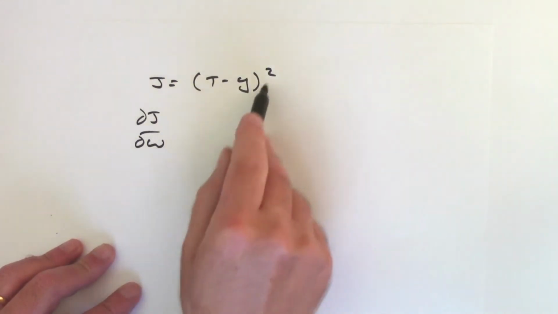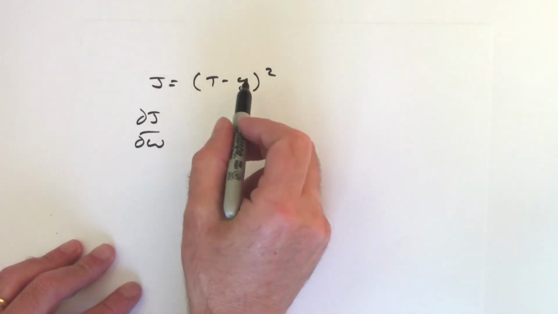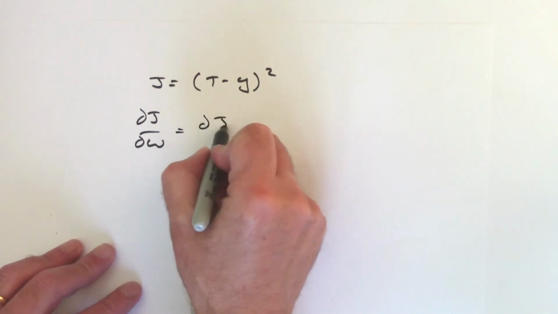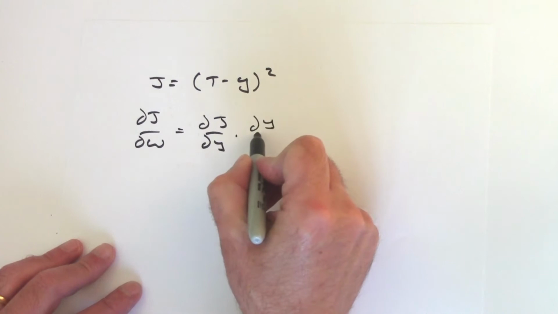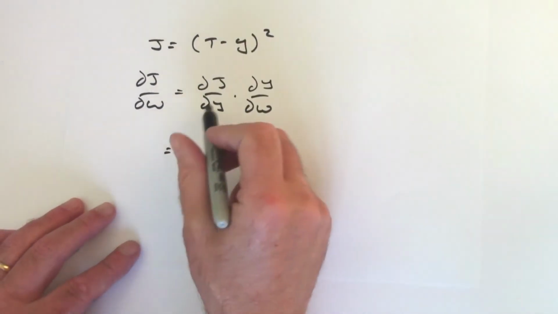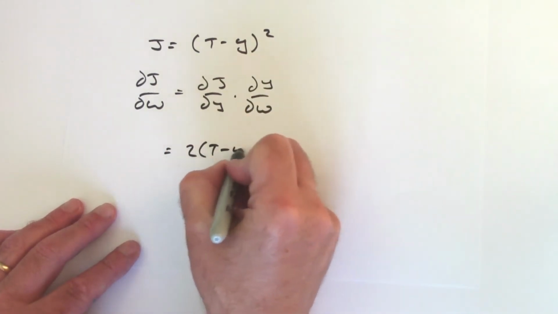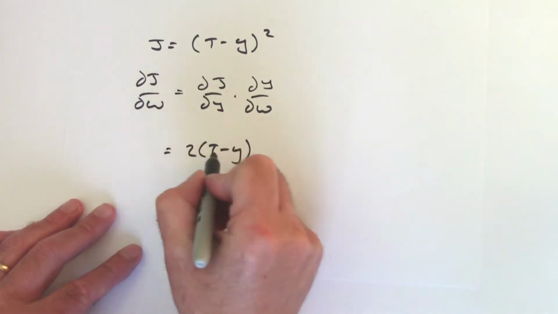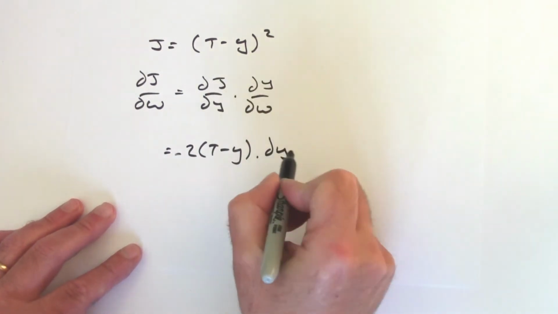But I might refer to this as the outside, so dj by dy being the outside, and then dy by dw as being the inside. So that simply becomes the outside goes to 2 times t minus y, and then the inside taking the negative outside, it's dy by dw.